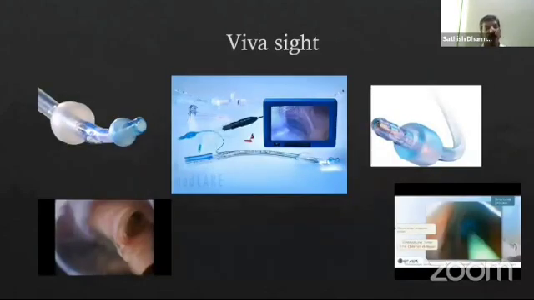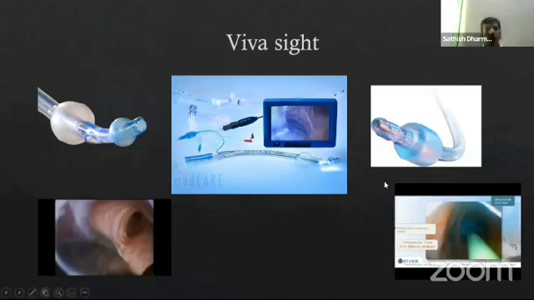Next important innovation is the video DLT. This trade name is VivaSight. It has an integrated camera placed in between the bronchial and tracheal lumen, and you will continuously visualize what you are doing from the glottic level up to the carina. And not only during intubation, during the procedure or till the end of the procedure, you can visualize whether the tube is in position.